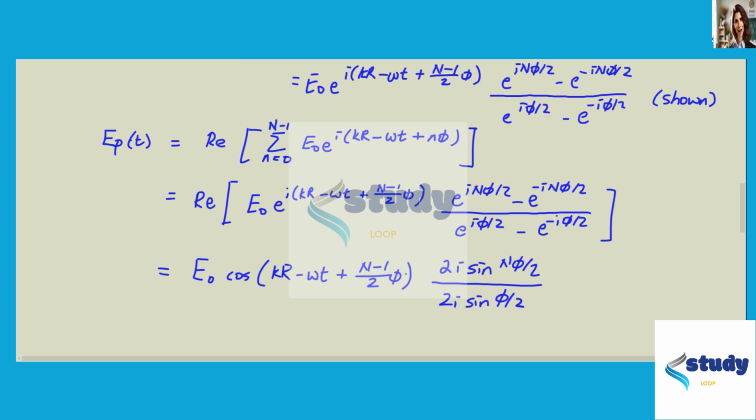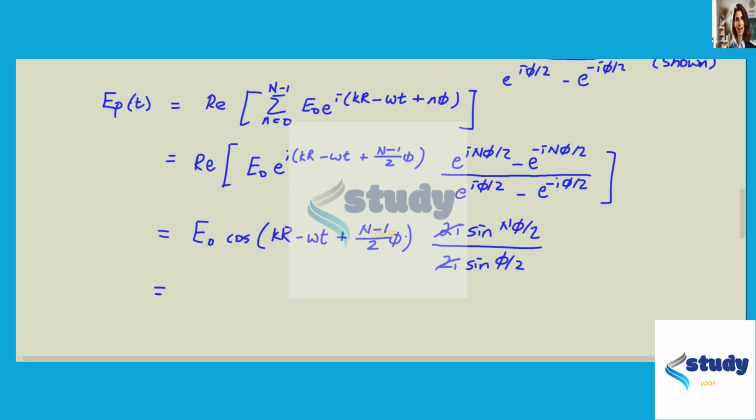So you can cancel the 2i and you get e naught cosine(kr minus omega t plus (n minus 1) divided by 2 phi), times sine n phi over 2 divided by sine phi over 2.